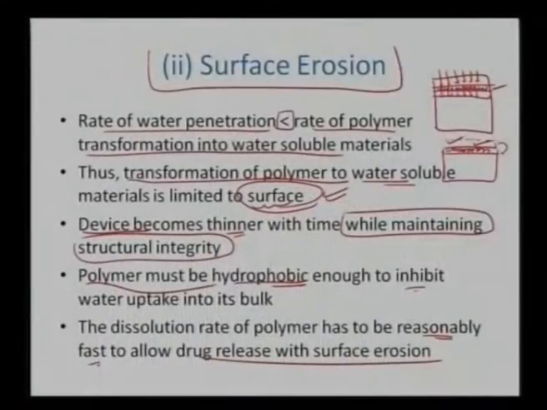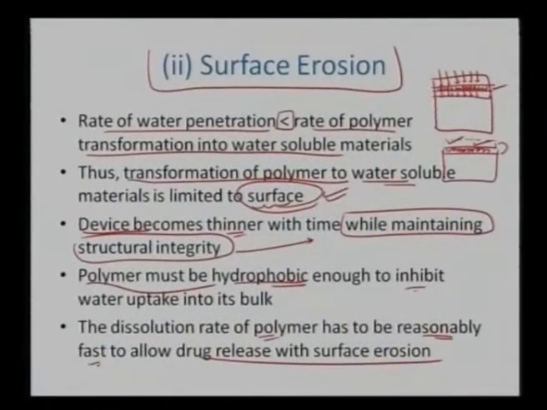The material maintains its structural integrity, and for this kind of surface erosion, the polymer has to be very hydrophobic to inhibit any water uptake into the bulk. At the same time, the dissolution rate of the polymer has to be controlled, or reasonably fast, so that the drugs can be released in a timely fashion. So that is the overall picture with surface erosion.